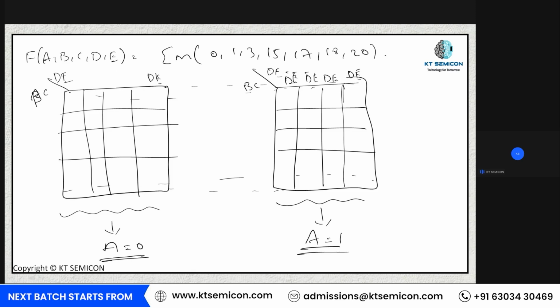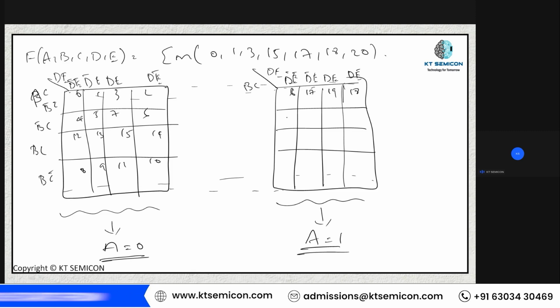Same: D E bar, D E, D bar E, and D bar E bar, and B bar C bar, B bar C, B C, and B C bar. 0, 1, 3, 2, 4, 5, 7, 6, 8, 9, 11, 10, 12, 13, 15, and 14, and 16, 17, 19, 18, 20, 21, 23, and 22, 24, 25, 27, and 26, 28, 29, 31, and 30.